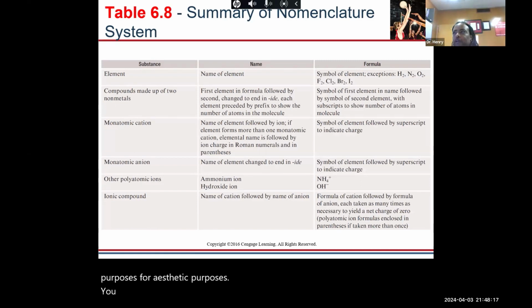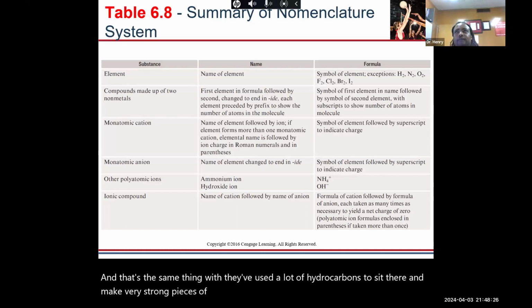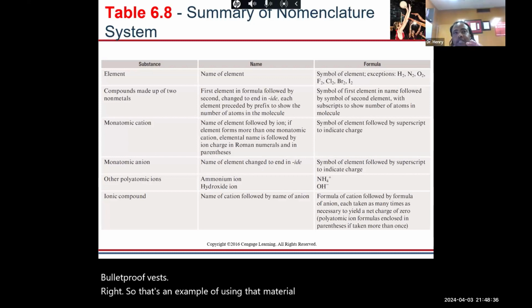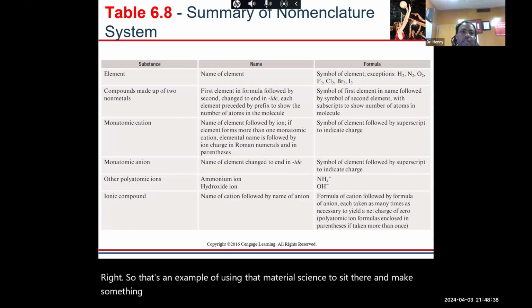And that's the same thing with hydrocarbons, they've used a lot of them to make very strong pieces of material. Are you guys familiar with bulletproof vests? Yeah. Right? So that's an example of using material science to make something that will block a bullet from coming in and penetrating you, hurting you physically.